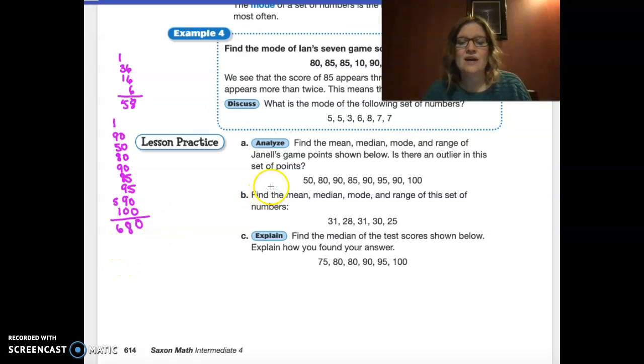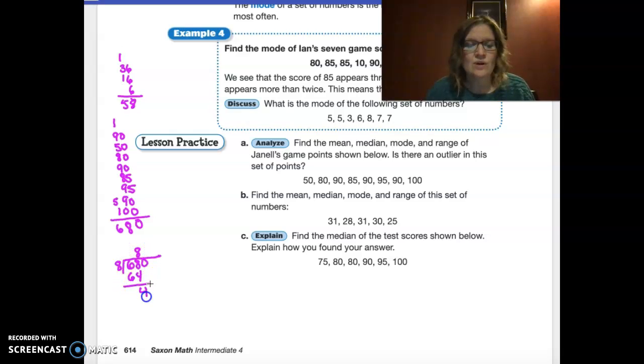And then we're going to divide it into, how many games did she play? 1, 2, 3, 4, 5, 6, 7, 8. Okay. So we're going to take 680 and divide it by 8. And we know that 8 times 8 is 64.